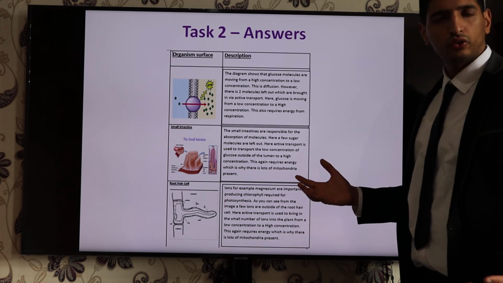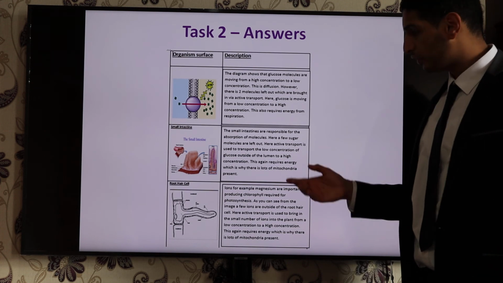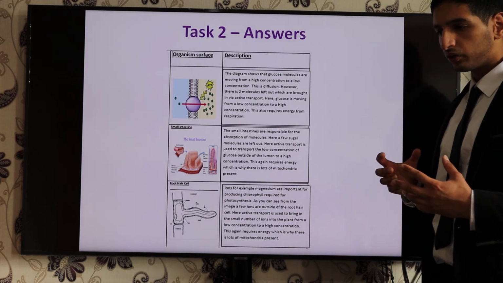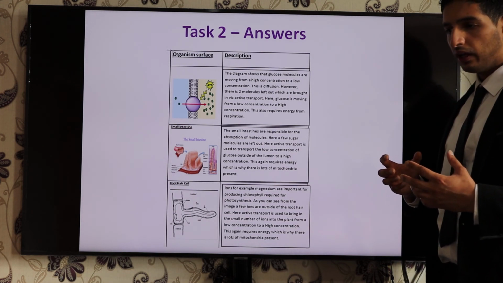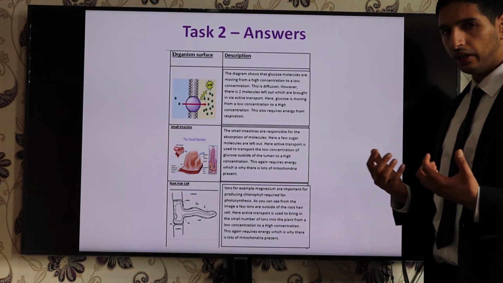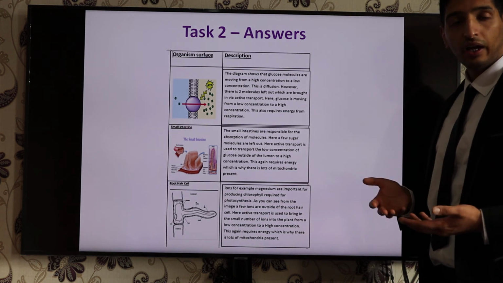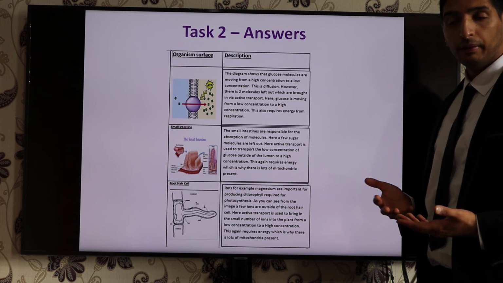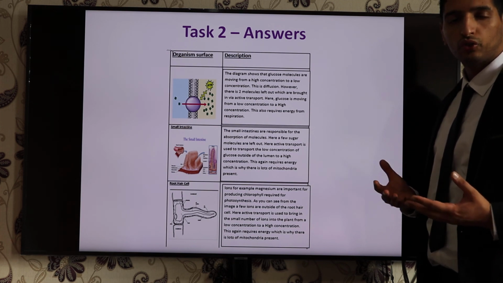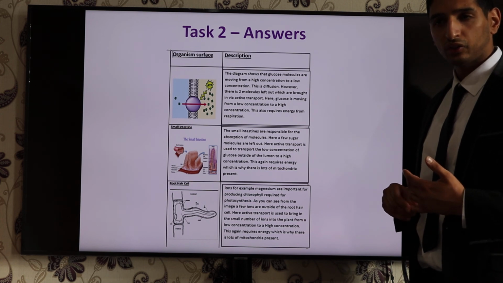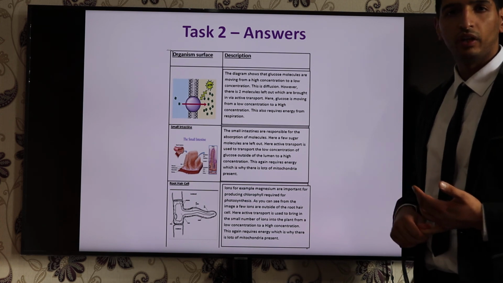Why does it do that? So we don't waste any of the glucose. That happens exactly the same with root hair cells. Root hair cells have lots and lots of mitochondria, and they use that to pull in any low concentration of ions, for example magnesium, so we don't waste it, because as you know, magnesium is very important for plants. It's required to produce chlorophyll.